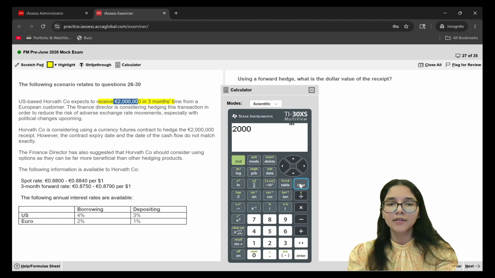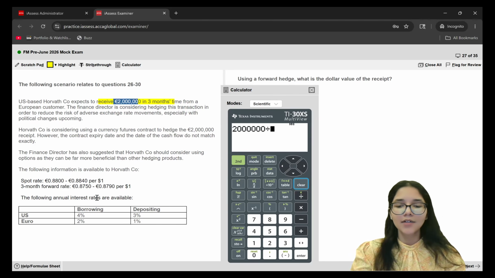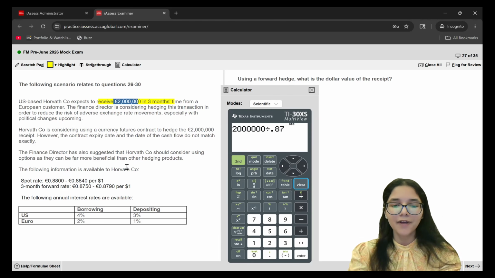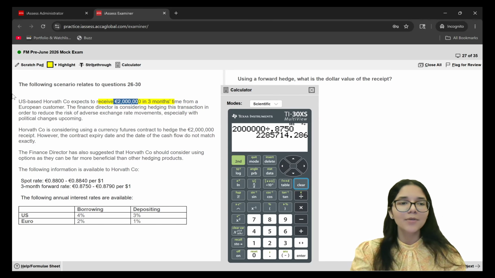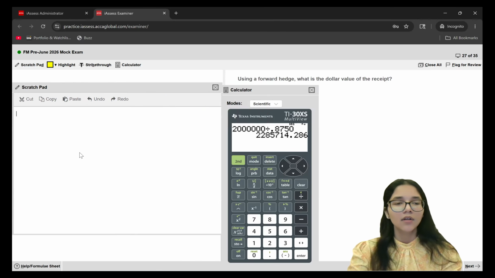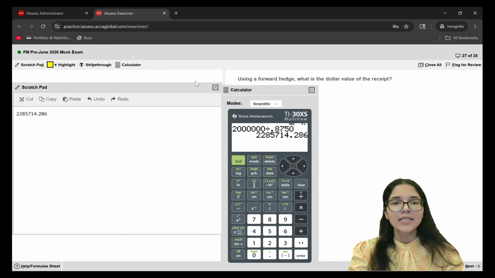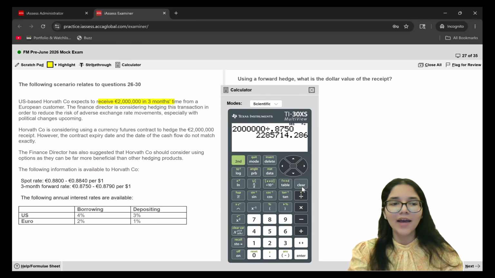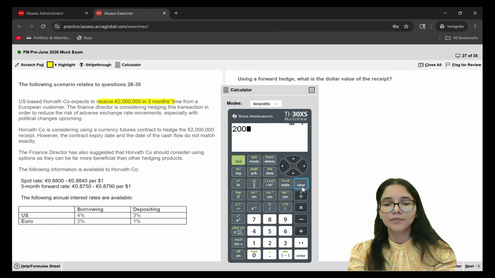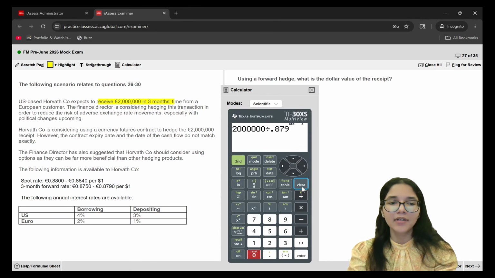So 2 million divided by the forward rates we are concerned with, so 0.8750. So this way I am receiving, let me just note it down quickly on my scratch pad also, 2285714.286. Same way I will do the working with the other rate also, divided by 0.8790.